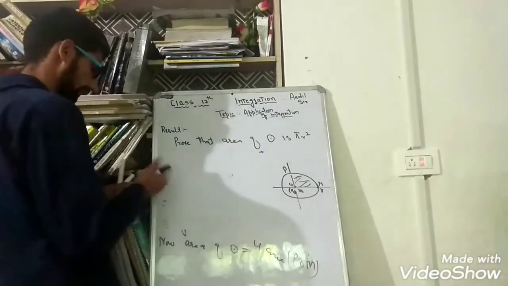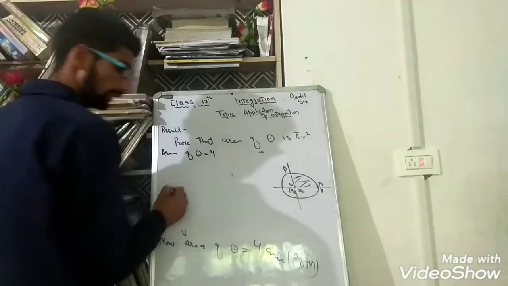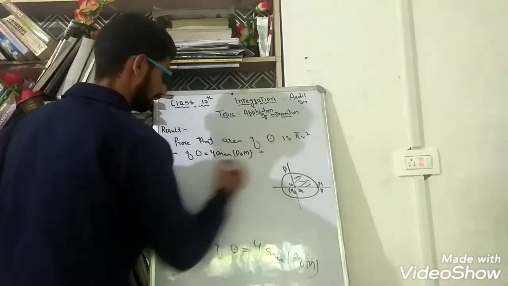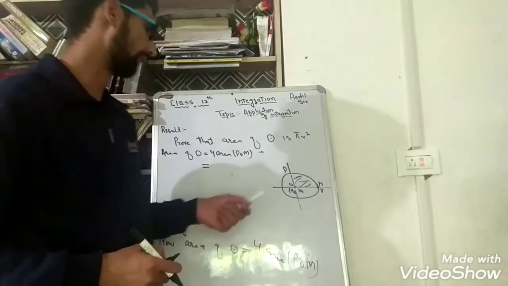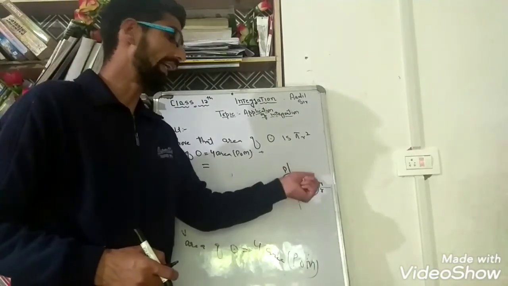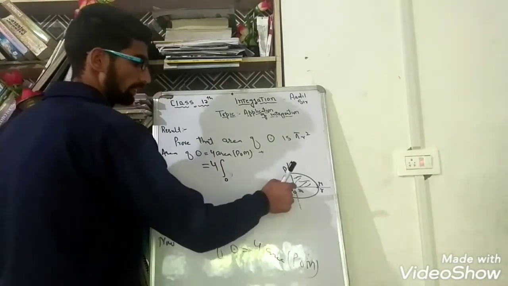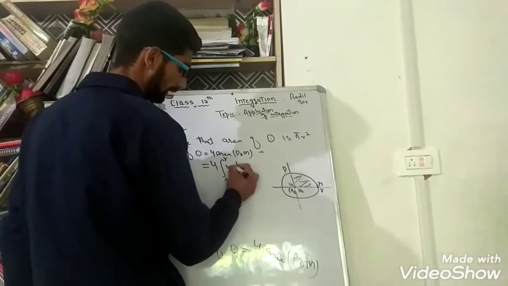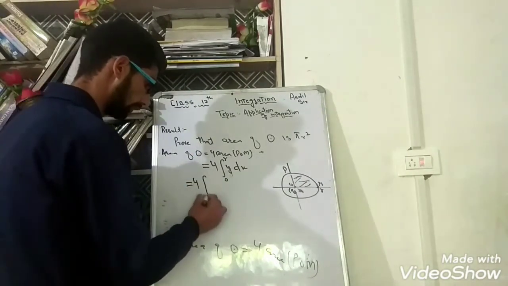You got area of circle equals 4 times the area of POM. But we know by the application of integrals, by the area theorem, that this area is equal to the integral from 0 to r of y dx. So it will be equal to 4 times the integral from 0 to r of y dx, because the bounds are from 0 to r.